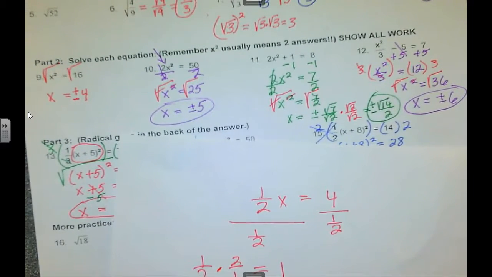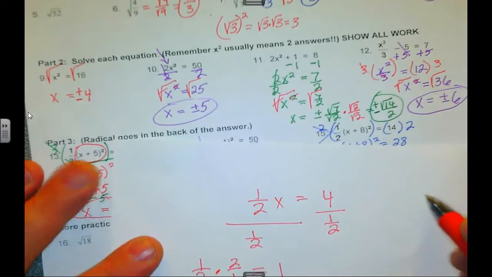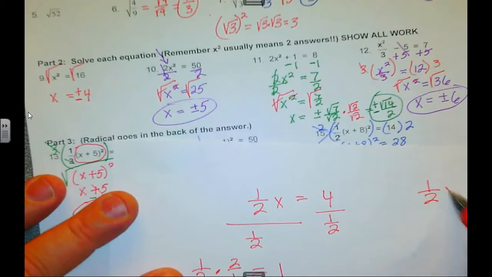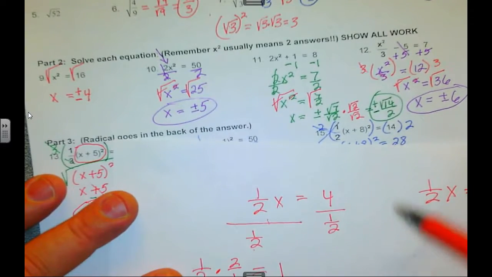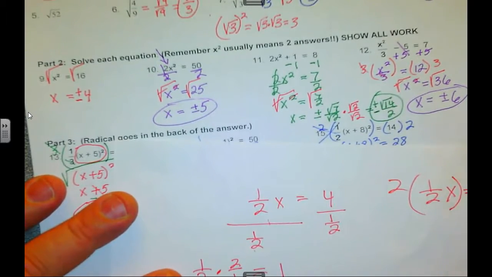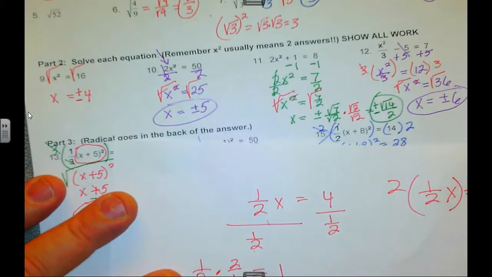This is basic elementary 4th, 5th grade multiplying and dividing fractions. So instead of dividing by a half, do a shortcut and multiply both sides by 2.